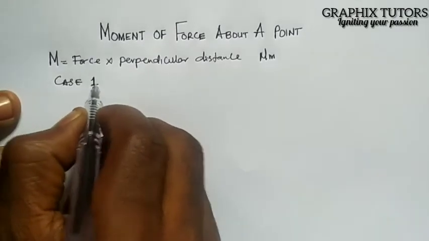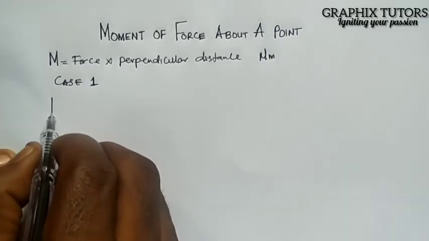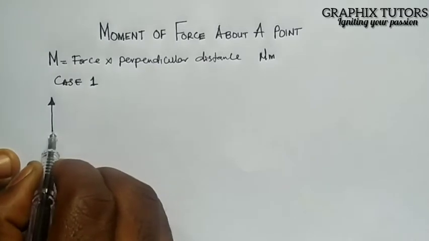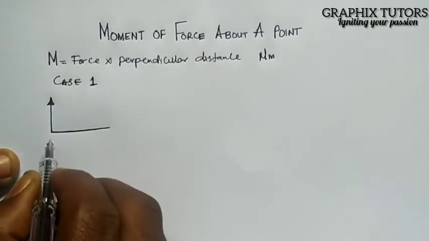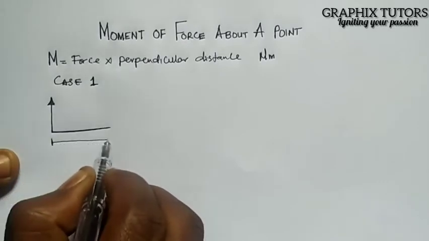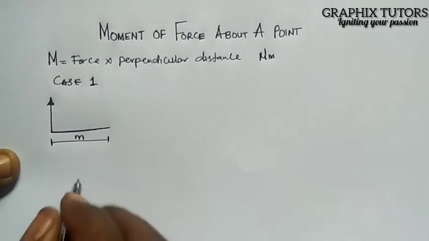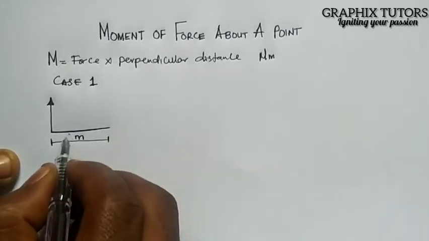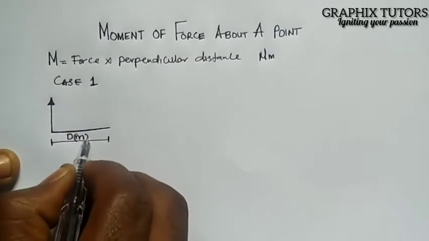Case 1. If I have a force, let's say this force, acting on this object of length AB, let's call the distance d, measured in meters.